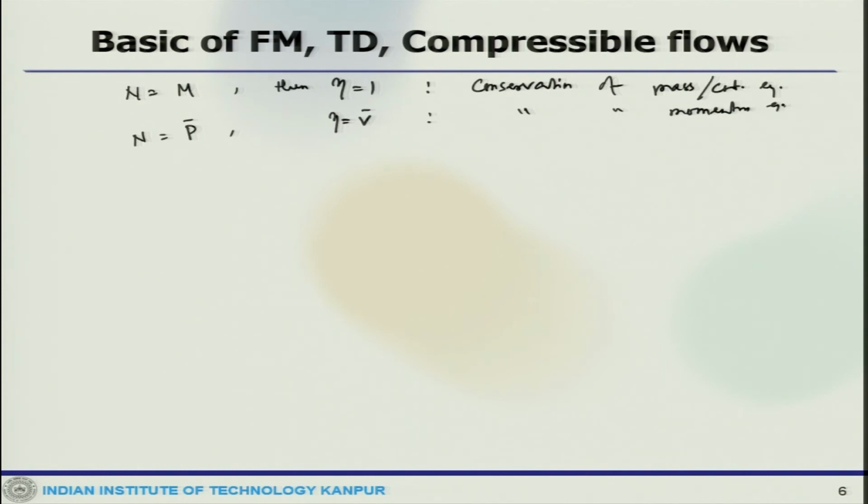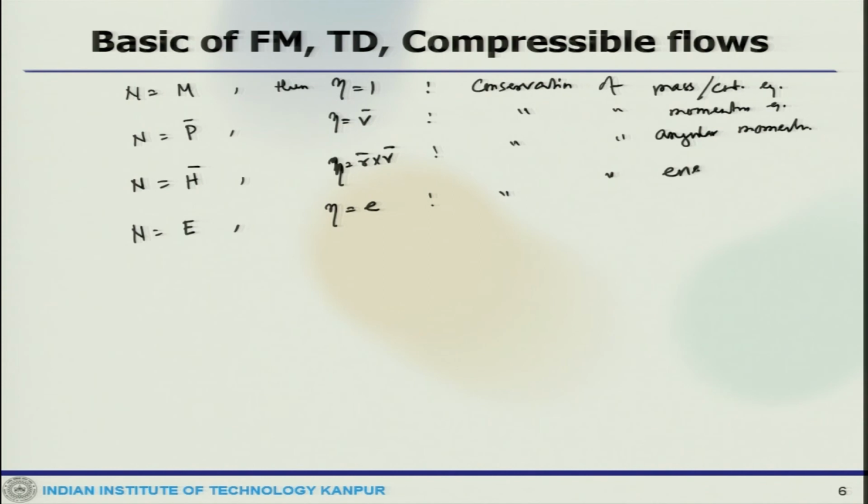If N is H, eta equals r cross V, this is conservation of angular momentum. If N is E, eta equals small e, this is the conservation of energy equation.